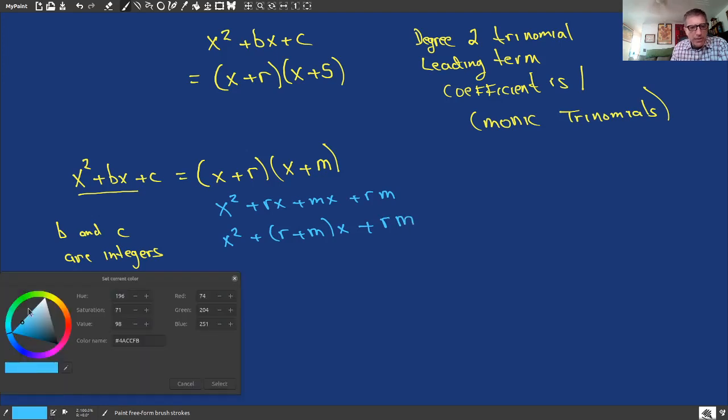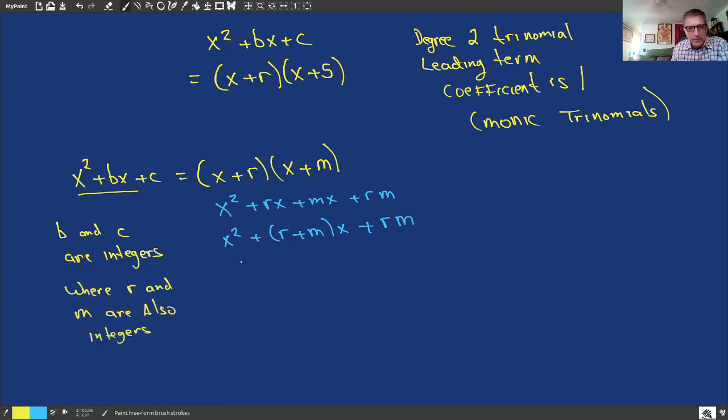And I want that to be x squared plus bx plus c. So we have the two conditions: r plus m has to be equal to b, and r times m has to be equal to c.